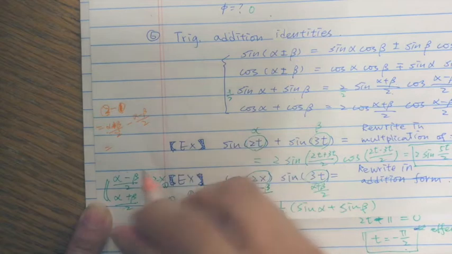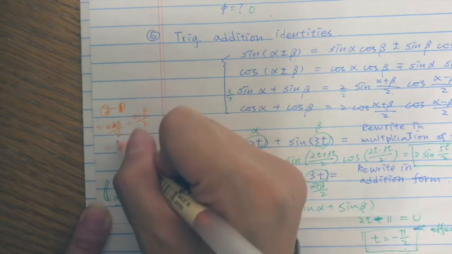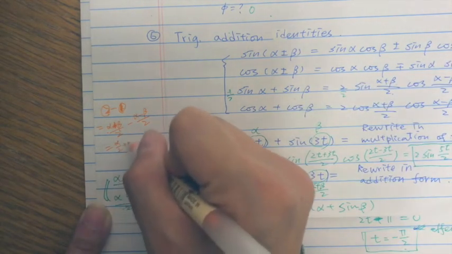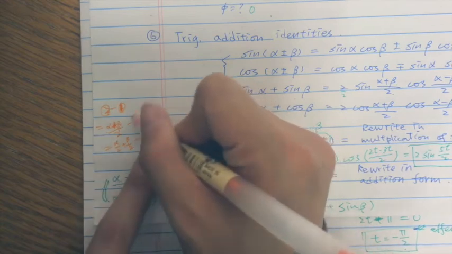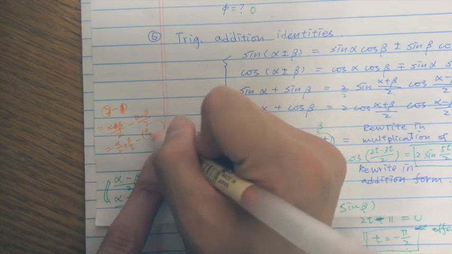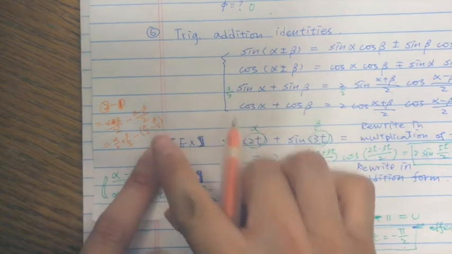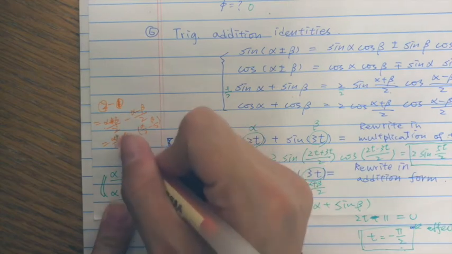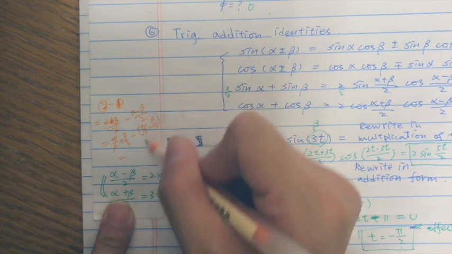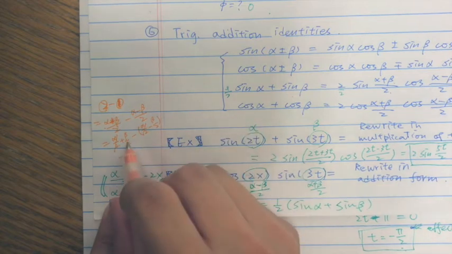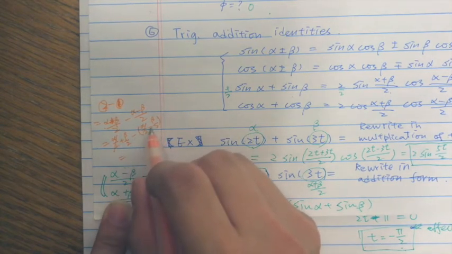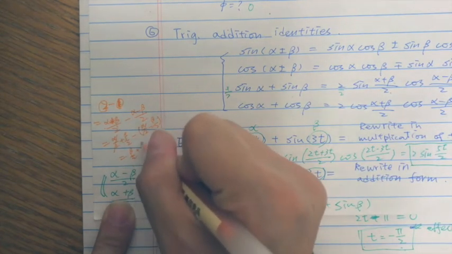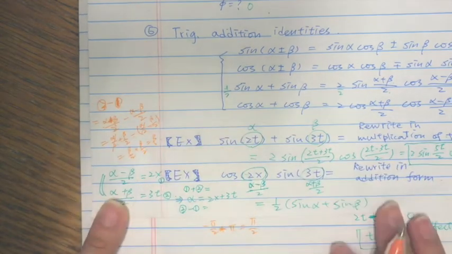I can rewrite this: alpha plus beta over 2 is equivalent to alpha over 2 plus beta over 2. And here, minus alpha over 2 minus beta over 2. So I just redistribute this 1/2 factor. Then I can see that alpha over 2 and alpha over 2 cancel out. Beta over 2 and beta over 2 add up because minus minus equals positive. So this would be beta over 2 plus beta over 2, which is beta.